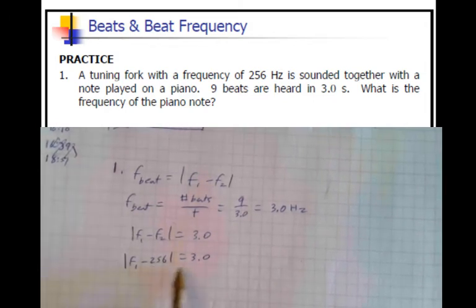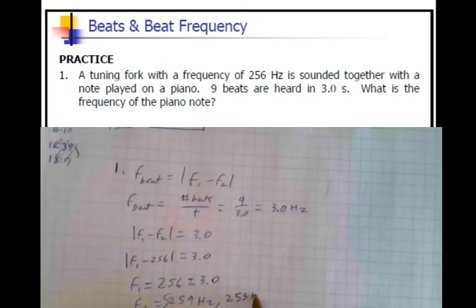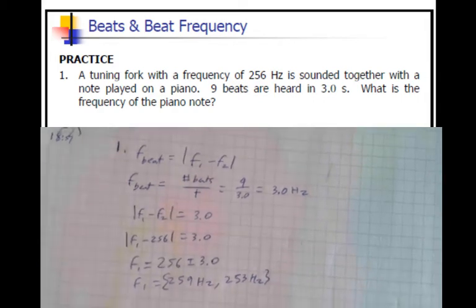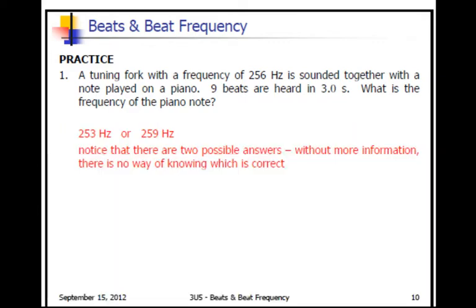To figure out the possible values, F1 is equal to, we essentially move the 256 to this side, and then we plus minus the 3.0. So F1 is equal to either 259 hertz or 253 hertz. If we're not given any additional information, then that's our solution set with 2 possibilities. We don't have any way to solve that. We don't know which one is correct.